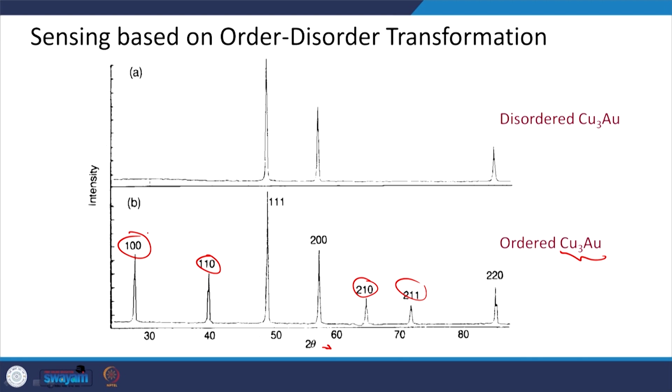Diffraction intensities will tell you how much disorderedness is there. If it is a completely disordered system, you will not have these peaks. If it is less disordered, you will see these peaks in certain proportion. That is how you use it for sensing. Okay.